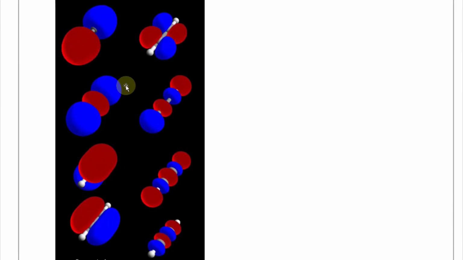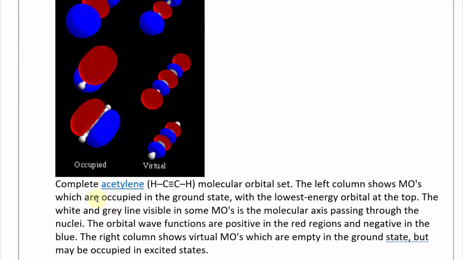So anyway, here are some mathematical functions to describe the molecule at different energy levels and so on. So this is complete acetylene, which is this molecule.